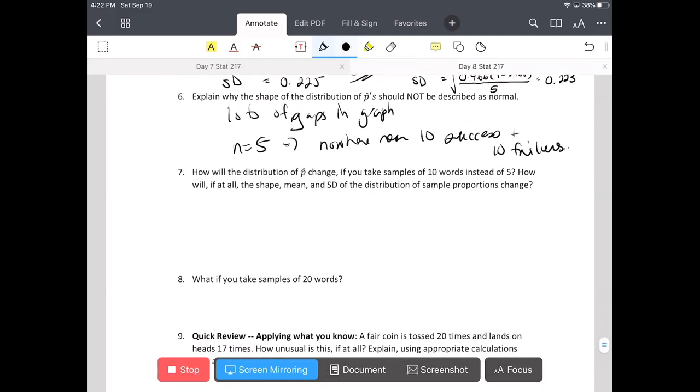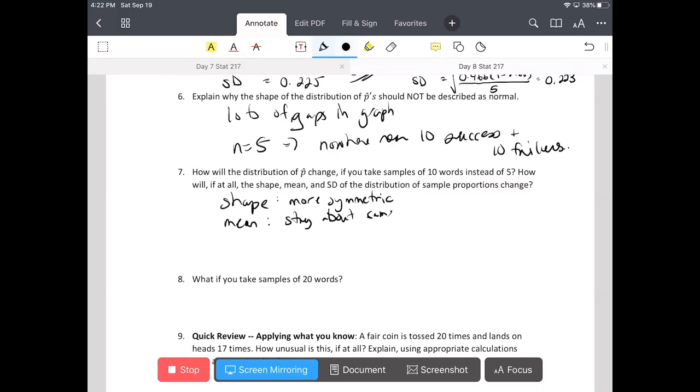So how will the distribution of p-hat change if we take samples of 10 words instead of 5? How, if at all, will the shape, mean, and standard deviation of the distribution of sample proportions change? Now that's going to be very similar to what we did before. As the sample size goes up, the shape should become more symmetric and look more normal. The mean is going to stay about the same.